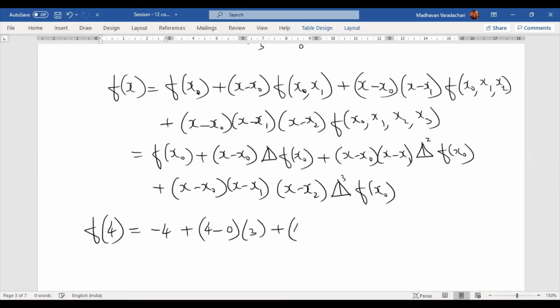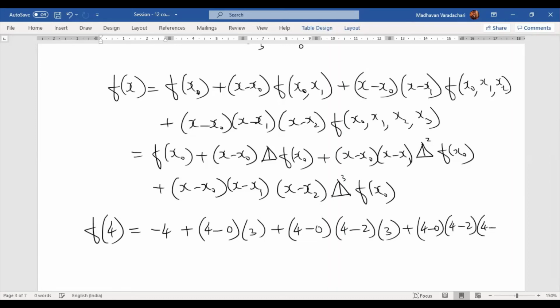Plus x is 4 minus 0, x is 4, the second value of x is 2, and then the second order divided difference is 3. Then plus this x which is 4, x naught is 0, x1 is 2, then x again 4.